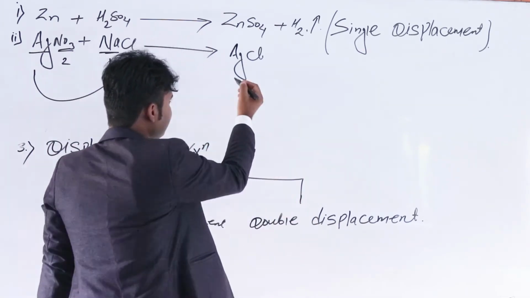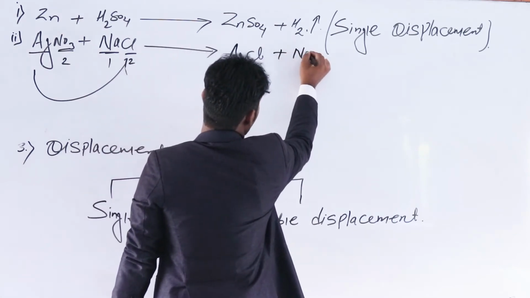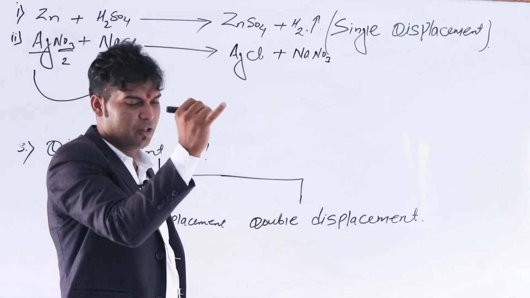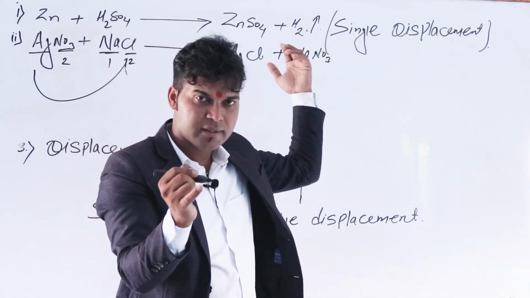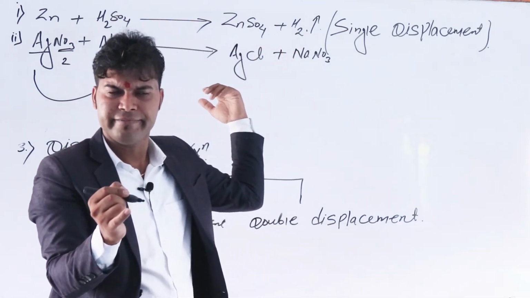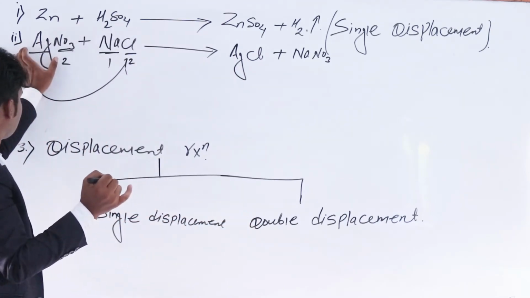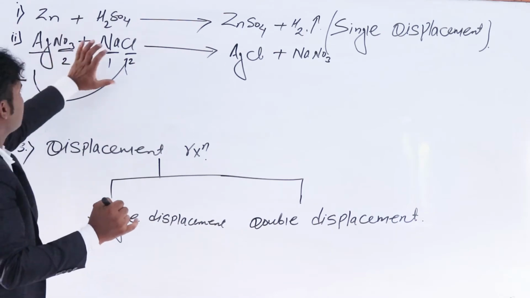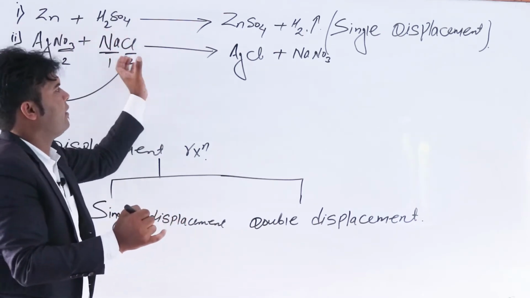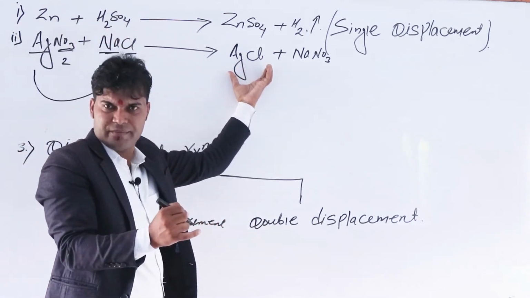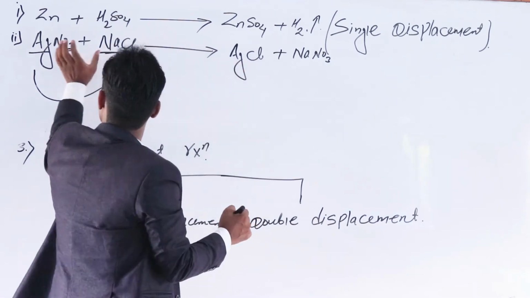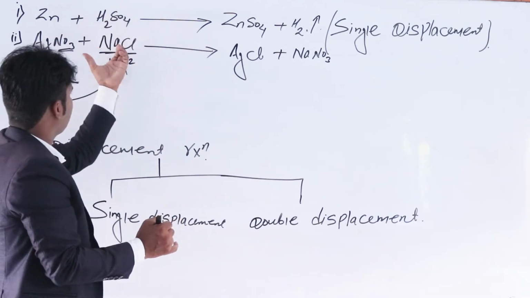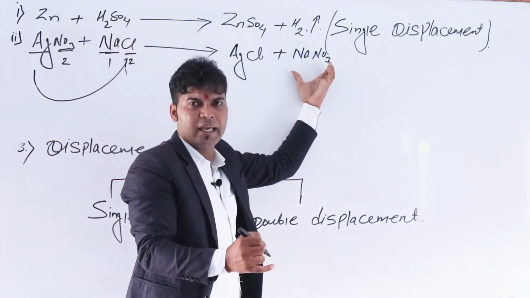Plus NaNO3. Check it once, is it right? First compound's first element and second compound's second element give AgCl. First compound's second element and second compound's first element give NaNO3.